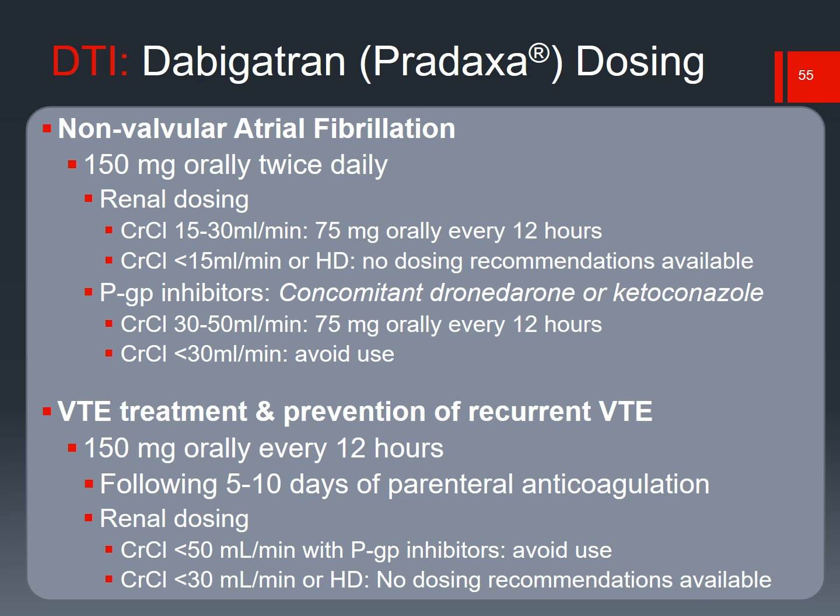So similar to edoxaban, Savaysa, that we just talked about, which was our oral direct anti-factor Xa medication, before you can initiate either of these two drugs, they must receive 5 to 10 days of parenteral, that means subcutaneous or IV anticoagulation, before they can switch over to this oral 150 milligrams of dabigatran administered twice daily. There is renal adjustment as well as the drug interaction adjustment, so just be cautious with that, and we'll cover this again in day 3.